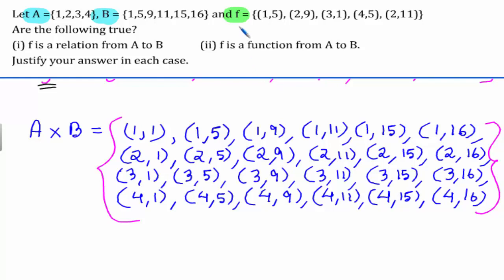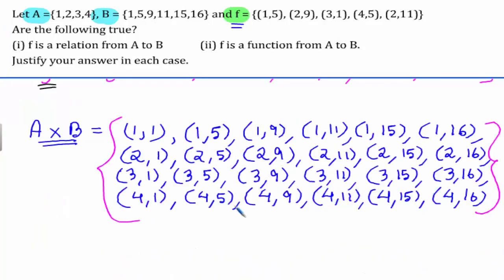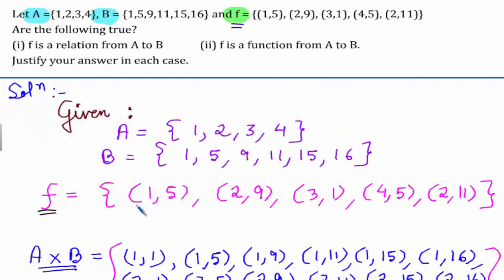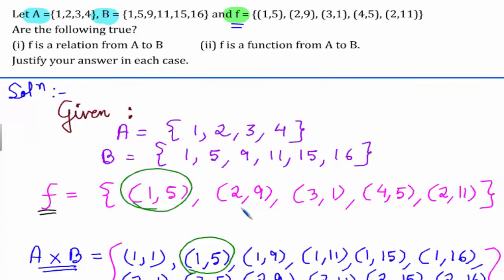Now, for this F to be a relation from A to B, it has to be a subset of this Cartesian product A × B. Now we can see that all the elements of F are also elements of the Cartesian product A × B. Here we have (1, 5). It is also present in A × B. Then we have (2, 9).